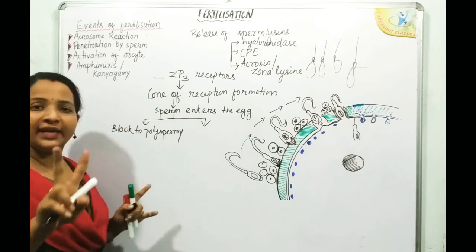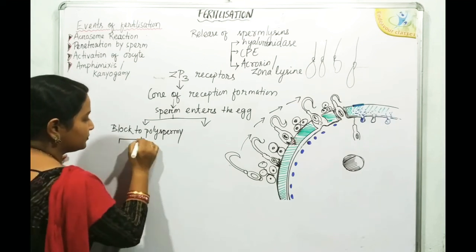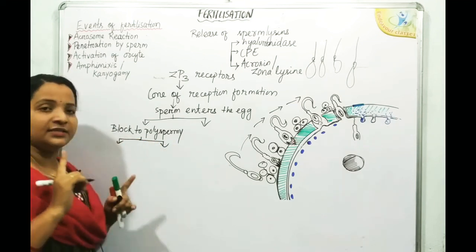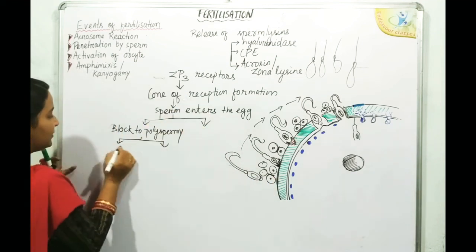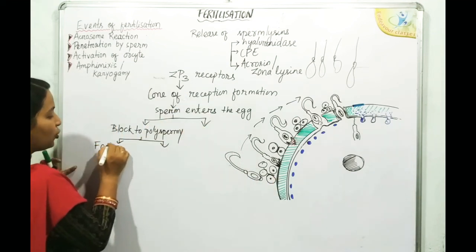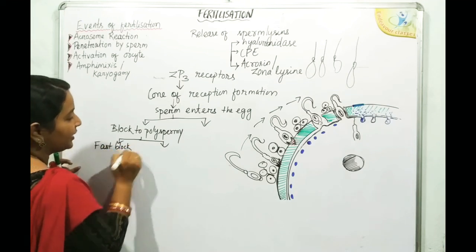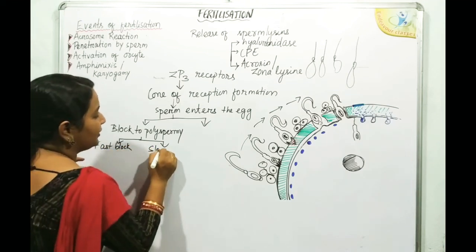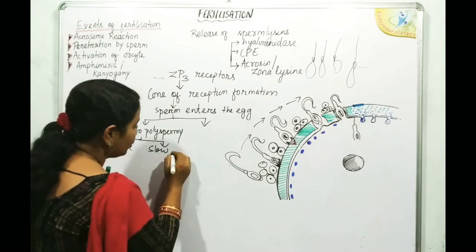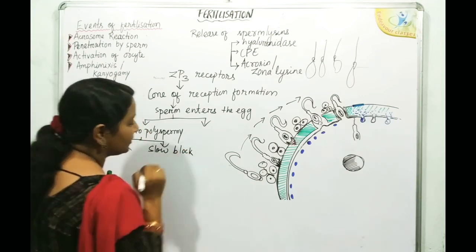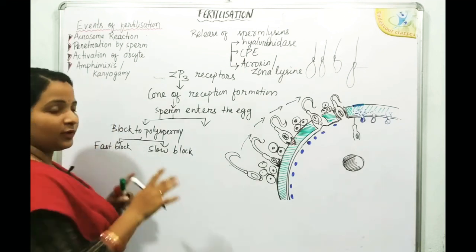So there are two mechanisms. One mechanism acts suddenly, preventing more sperms from penetrating, that is called fast block to polyspermy. And after the fast block mechanism, another mechanism acts, that is called slow block to polyspermy. So what is polyspermy?